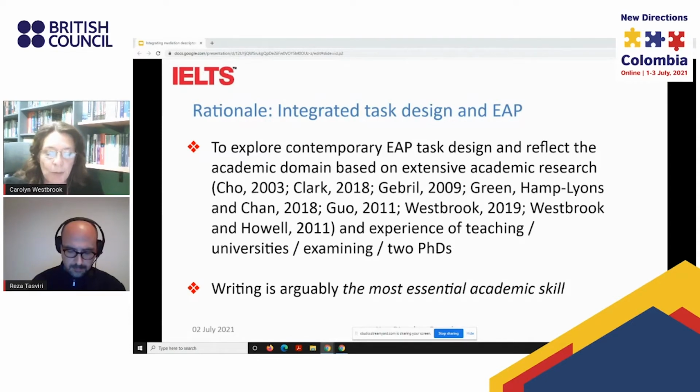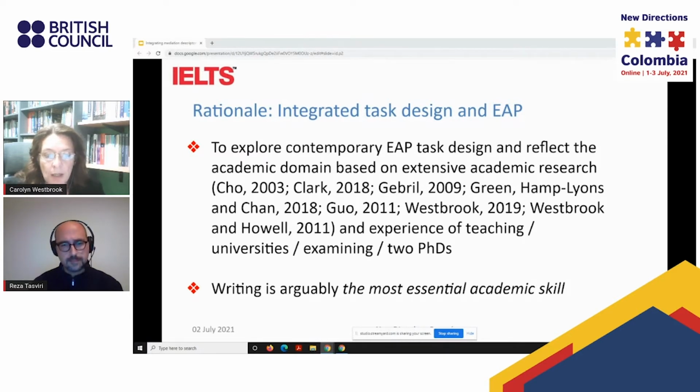So as you can probably tell from these slides, this was done with the existing IELTS test in mind, but with future possible changes to the IELTS test as a kind of reasoning behind the project. So you'll see later on that we've actually adapted the IELTS rating criteria, and that was the rating scale that was used.